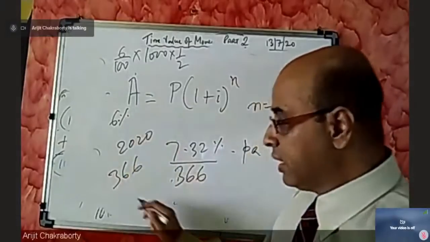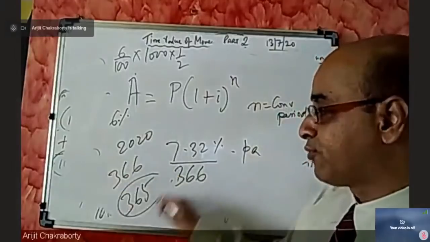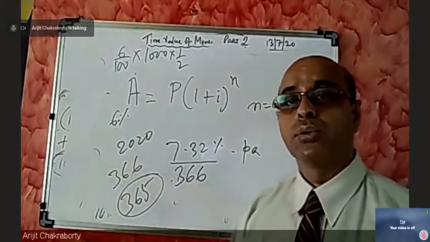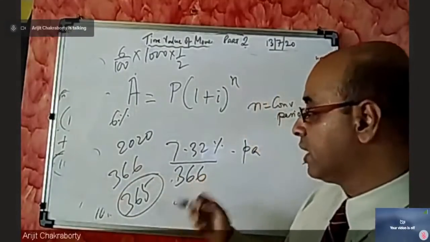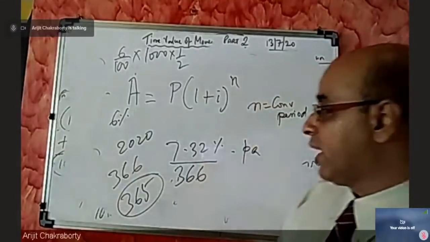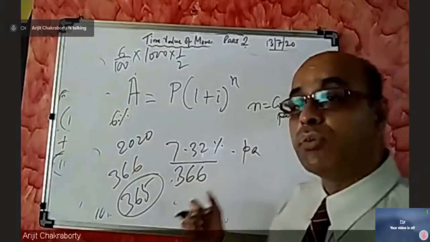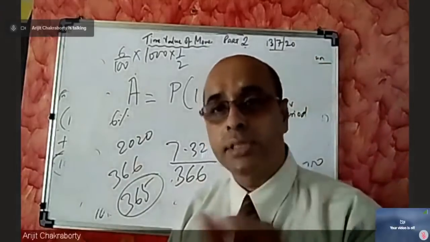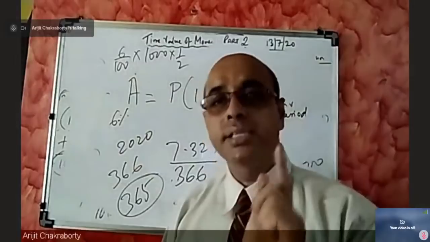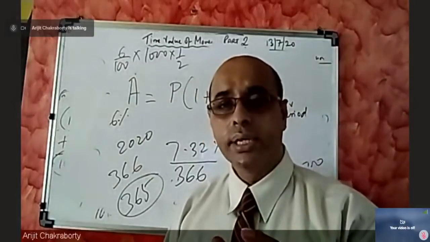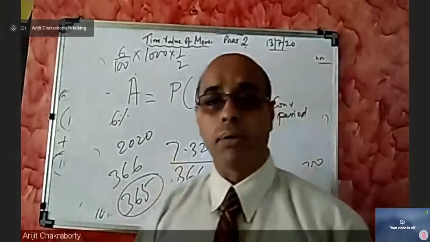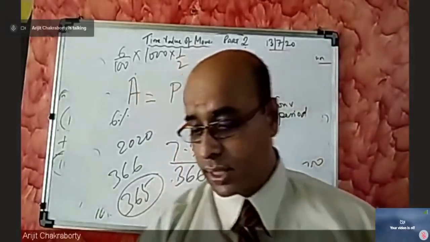If it is a normal year, then I will divide by 365. But it's a leap year, so I divide by 366. In this case, you will get a particular percentage, which will be the percentage of interest on one single day, a daily interest. So this will be used for daily compounding. I hope all the answers are given.